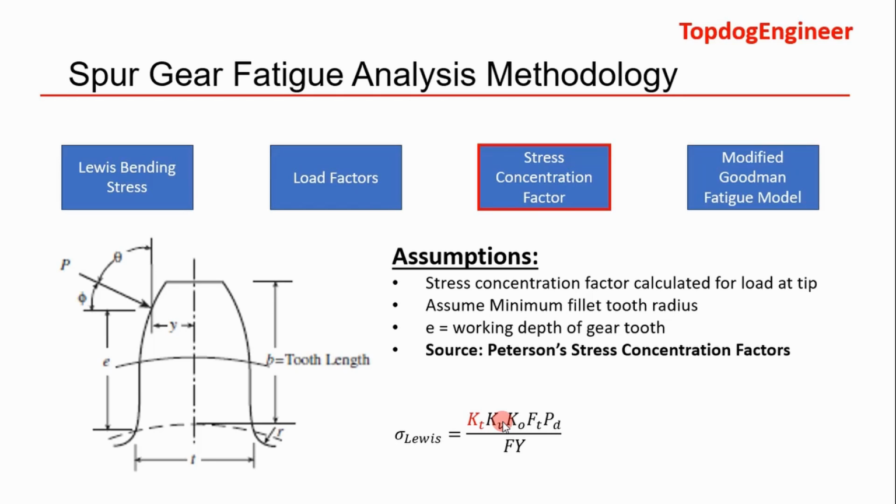We're going to assume a minimum fillet tooth radius, for which there are equations in this source right here, Peterson's stress concentration factors. And we're going to assume that the E, which is where the load is applied, is the working depth of the gear, which puts the load at the tip of the tooth. If we include that stress concentration factor in our Lewis bending stress calculation, it's just included as a multiplier.